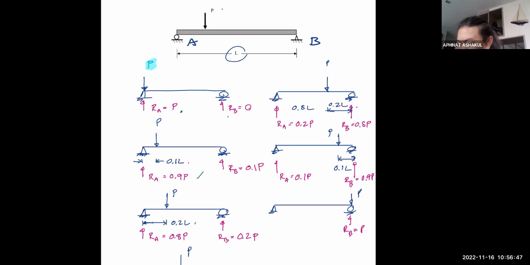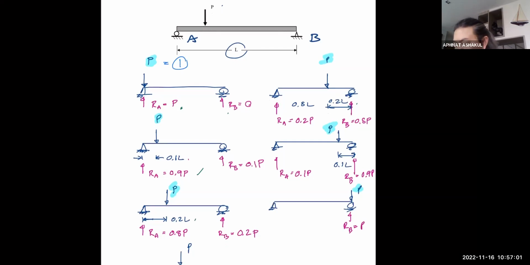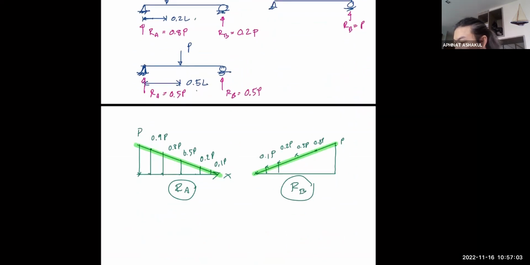But we changed the load from P here to 1, right? So if P is equal to 1, right here, we can start saying that the magnitude of the reaction here is 1. And this becomes 0.9, 0.8, 0.5, 0.2, 0.1, and 0.